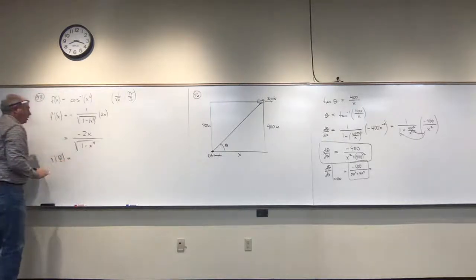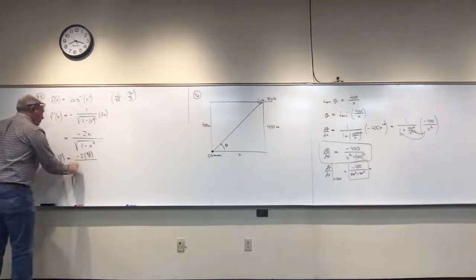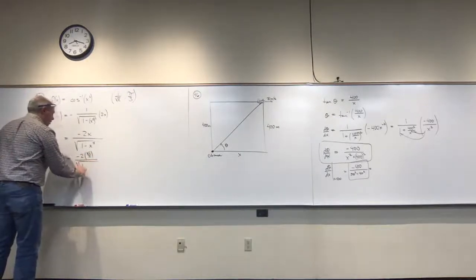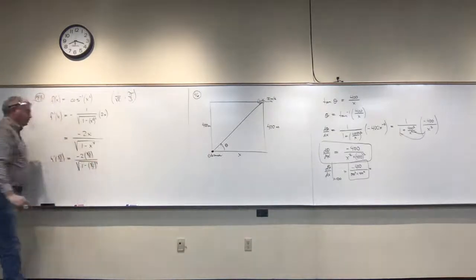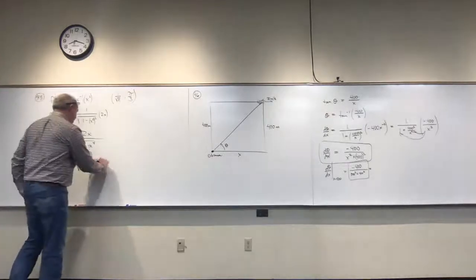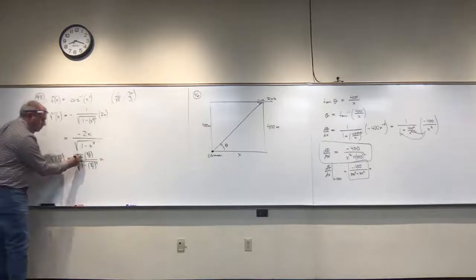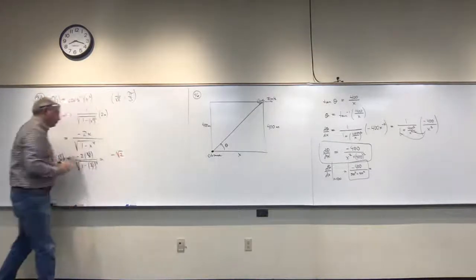So I get negative 2 times square root 2 over 2 divided by the square root of 1 minus the square root of 2 over 2 quantity to the 4th, which is, on top the 2's cancel, and I just get minus root 2.